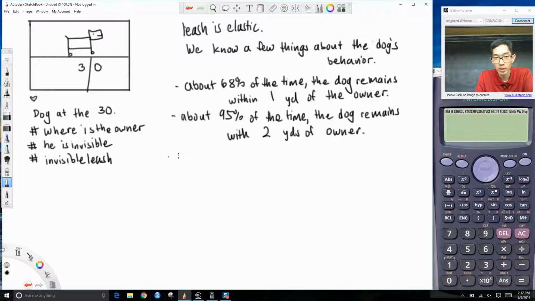Okay, and then basically, about 99.7% of the time, the dog is within 3 yards of the owner. Okay.